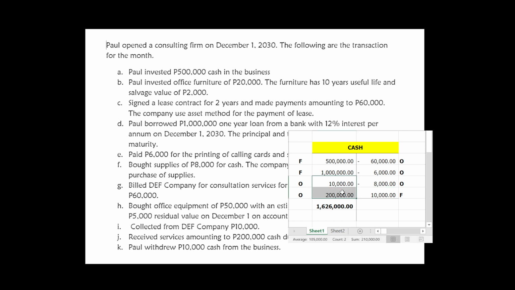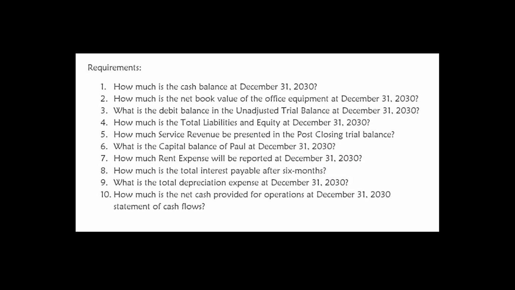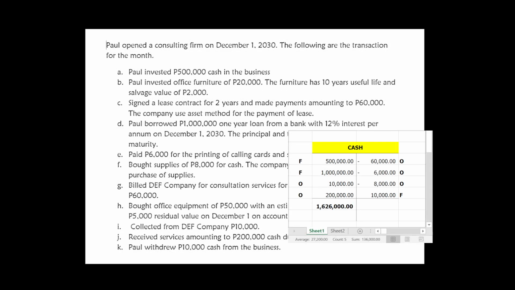Okay. So yan na yun. Okay, yung ating operations, yung itong 5 to, hinighlight ko. So yung answer natin for this is 136,000. So, yung question na net cash provided for operations, again, yung answer natin is 136,000 from operations only.